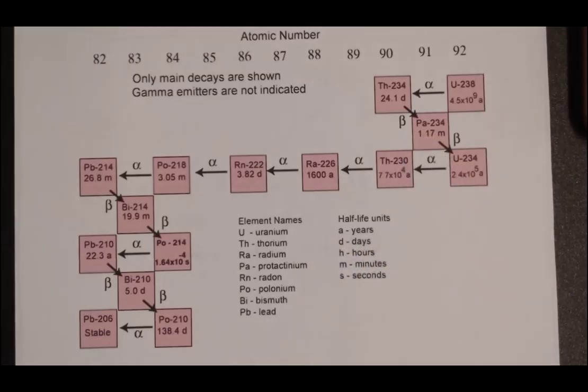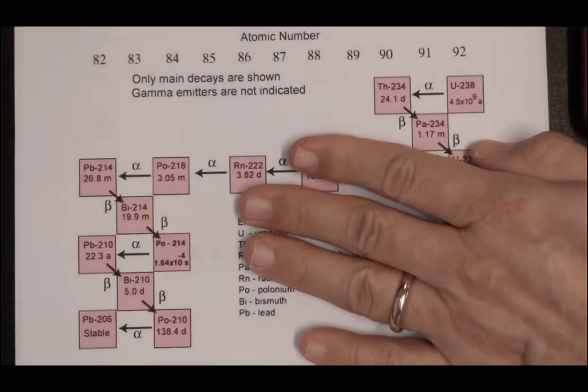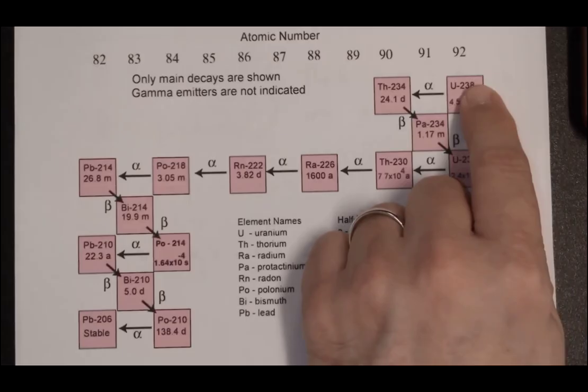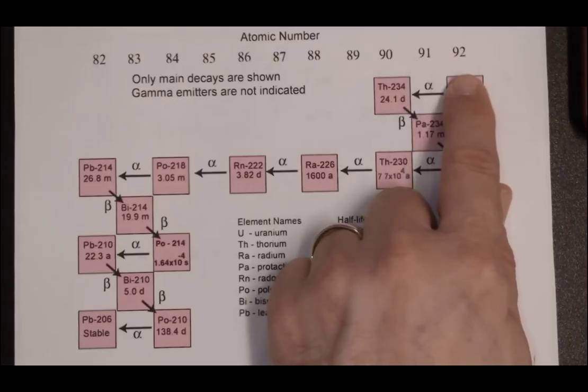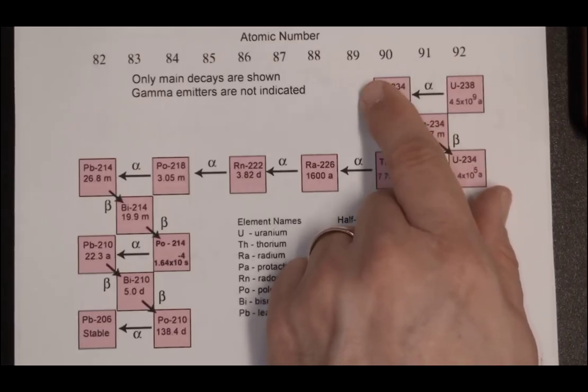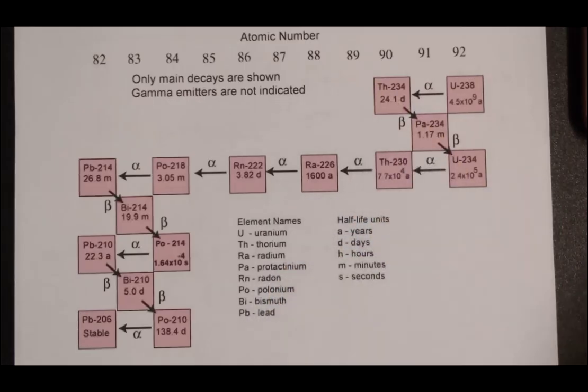There's some balancing act here. And then the amount of Pa is going up. I was only looking at these three, so I can say, oh, this is going down. It's turning into this, so that should be going up a little bit based on how much uranium I have, but it should be going down based on how much thorium turns into this. So I've got three different behaviors here.